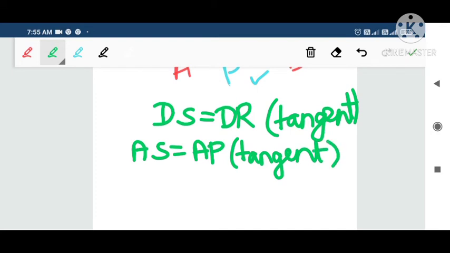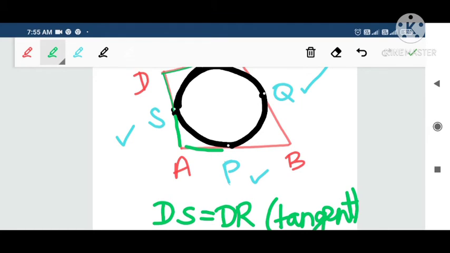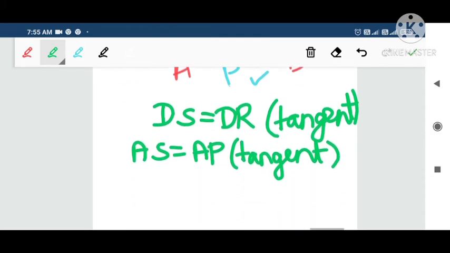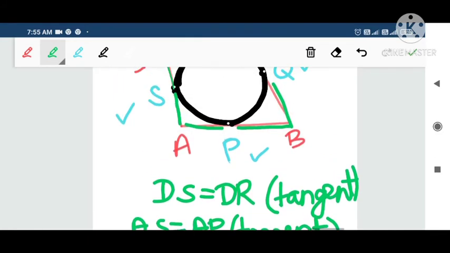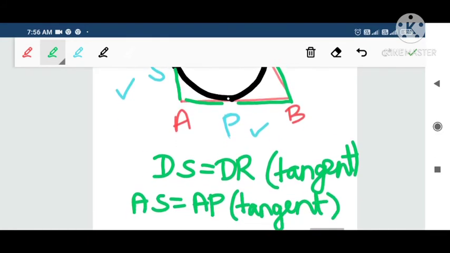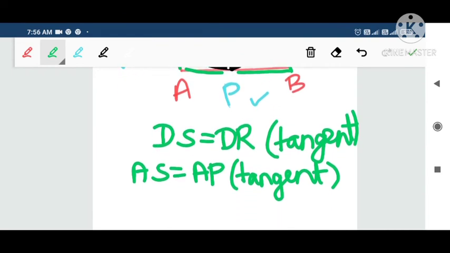Similarly, for the remaining ones, PB is equal to BQ, otherwise written as BQ is equal to PB, for the same reason, it is also a tangent.